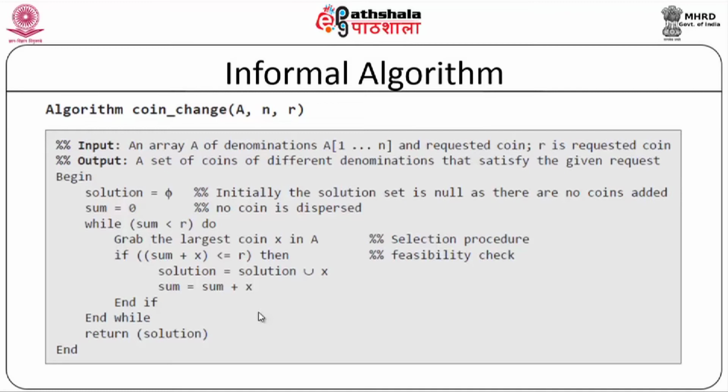When the sum plus the largest coin x is less than or equal to r, we add the coin into the solution and increment the sum. This goes in a loop, and when we come out of the loop, the solution set will have all the coins that I am going to return.